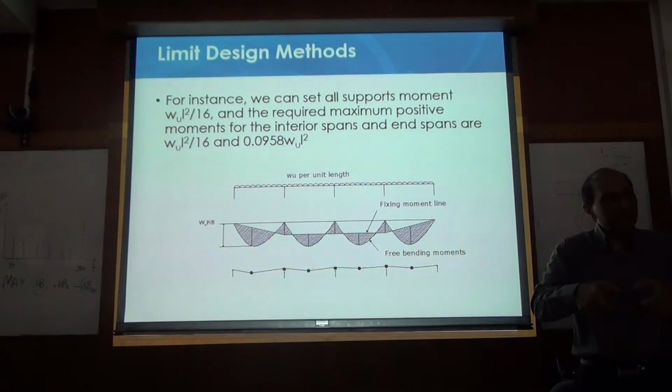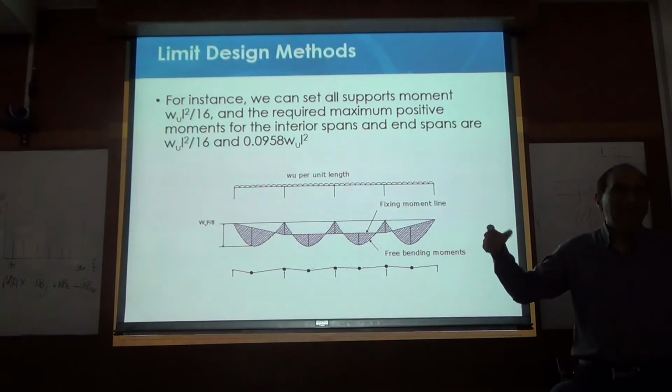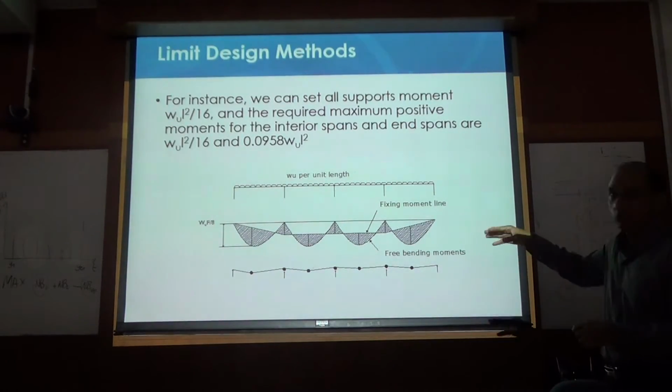So you will see first yielding at the bottom, and then moment will reduce at the bottom. The negative moment will increase, and then they will yield. So the yielding sequence should be positive yielding followed by negative yielding, because you have uniform reinforcement everywhere. So we should observe all of that.